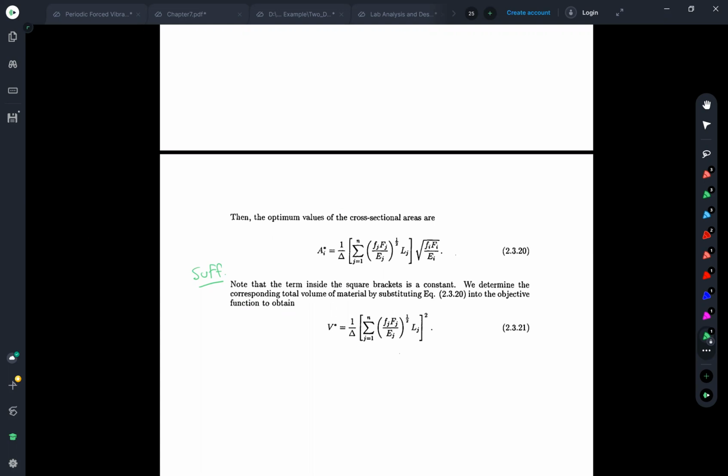So you need to add the sufficient condition if you want to really prove that this volume is the local minimum or global minimum. Otherwise, you don't have a mathematical proof. You just believe that it should be the minimum value, right?